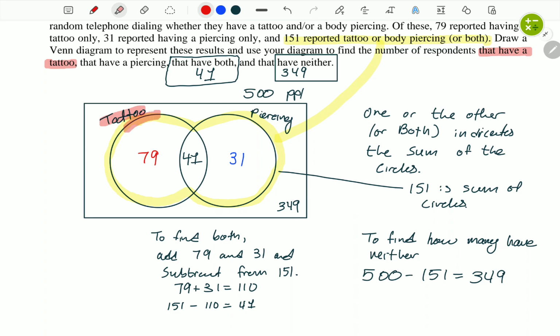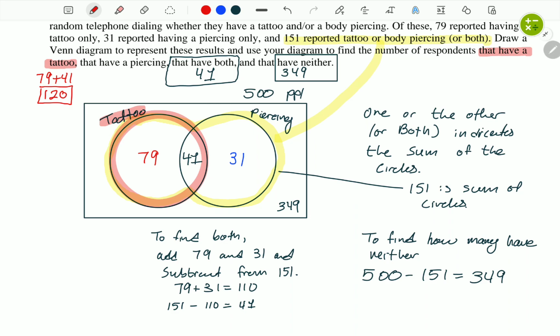This means that we're looking at the entire circle for tattoo. When it comes to the entire circle of tattoo, we're adding the 79 and the 41. So 79 plus 41, that gives you 120. And that is how many of the respondents have a tattoo. 79 tattoo only, 41 has both, but if you have both, you still have a tattoo. That's 120.